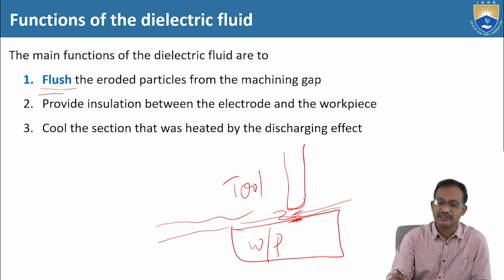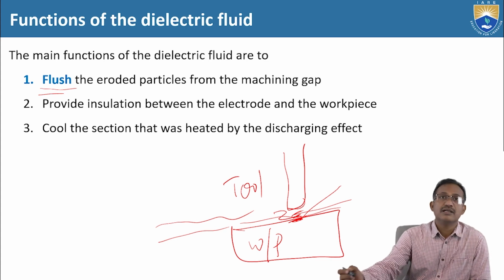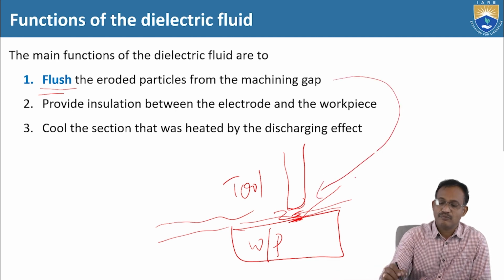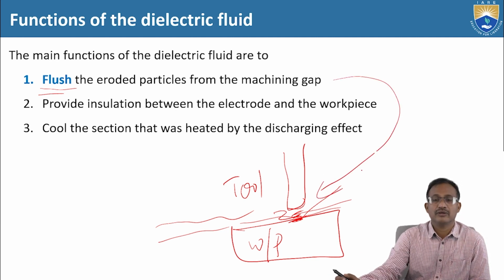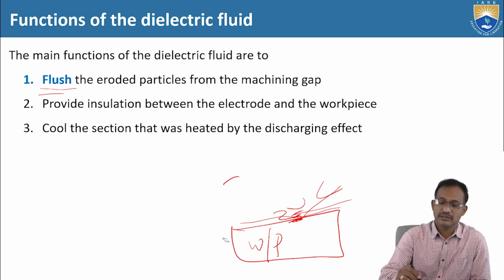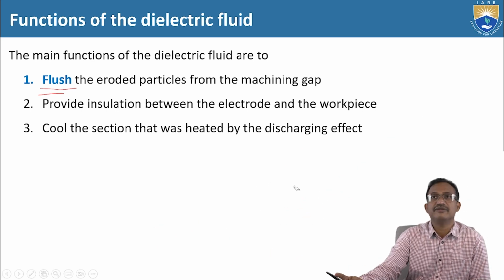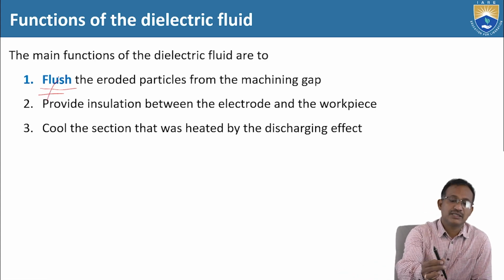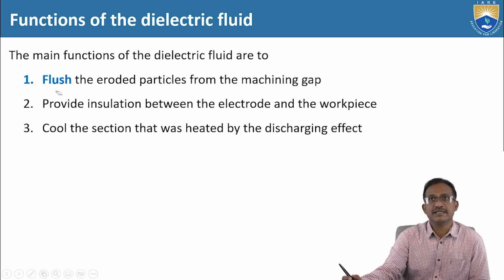In order to maintain that constant gap, the debris must be frequently flushed out. Otherwise, an inappropriate gap results in inappropriate sparking, so production delay will occur and some other consequences will occur.